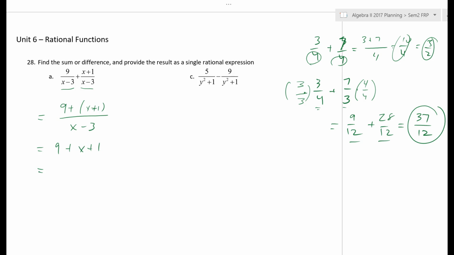The 1 and the 9 can combine to get x plus 10 all over x minus 3. So see how I've started with two rational expressions and converted them into one. That's the goal here, working with adding and subtracting these.